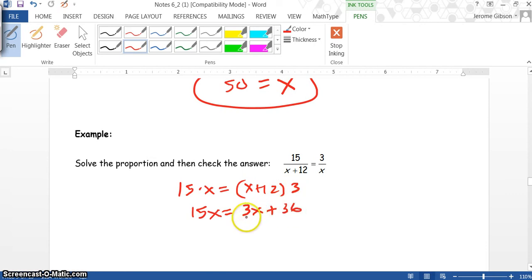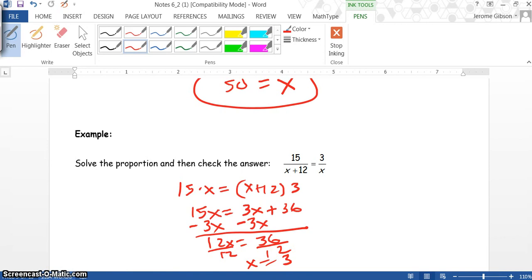Now you know we just used the distributive property, so now we need to get the x's on one side. So we will subtract 3x on both sides. 15x minus 3x is 12x, and that equals 36. Divide each side by 12, and x is 3. And that is your final answer.